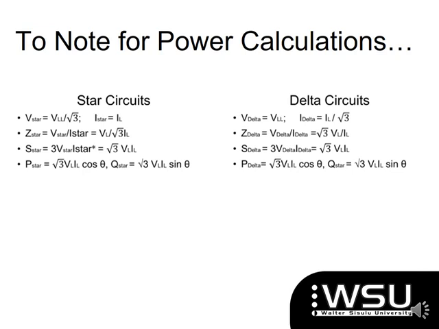And then you can see your Z delta is your V delta over your I delta, which is actually equal to square root of 3 VL over IL, instead of the one that you had for Z star, which was VL over square root of 3 IL. You see the difference between those two. Then your S delta is still your 3 V delta I delta, or square root of 3 VL IL. And so you can work out your power and your reactive power in your delta configurations.